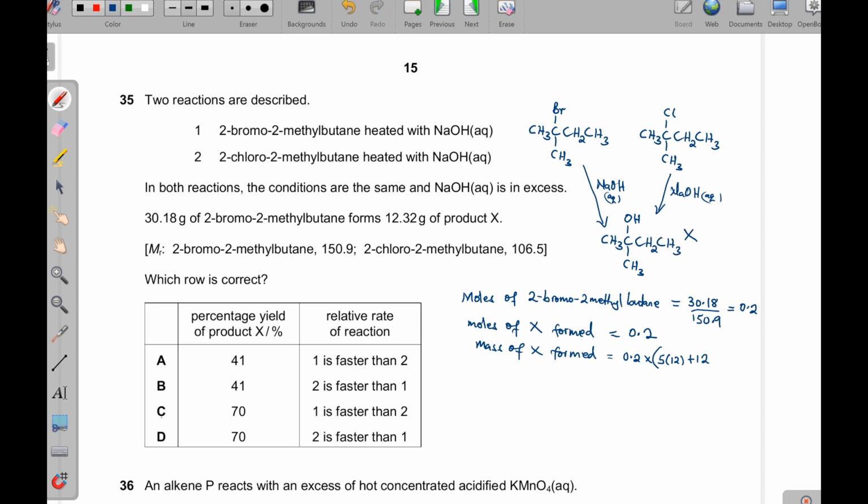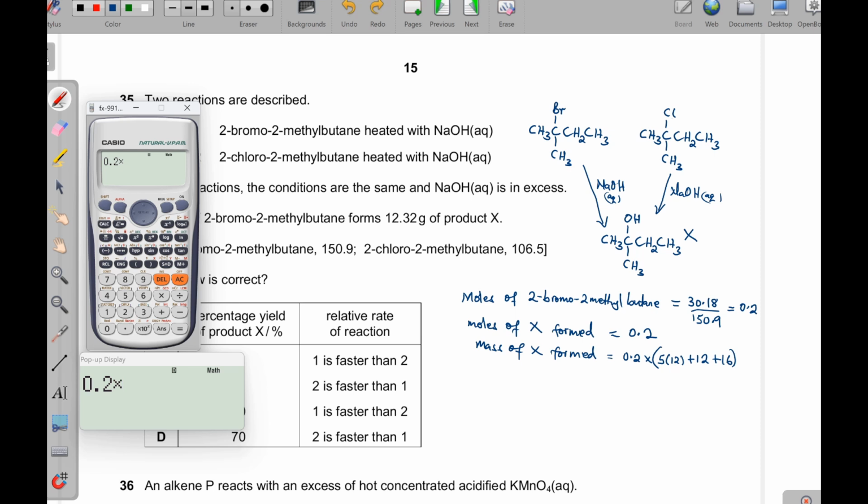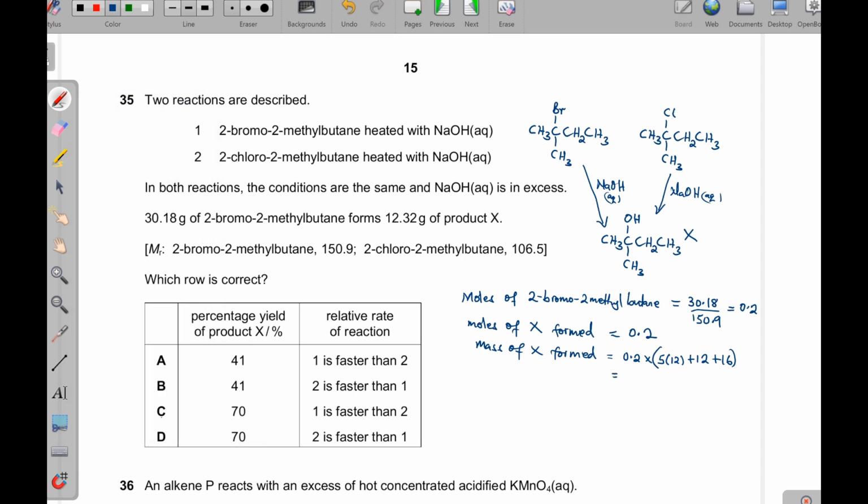So we shall have a 12 here, then plus 16 for oxygen. So this is 60, then plus the 28, that is 88. Then when we multiply by 0.2, what do we get? 0.2 times 88, that is 17.6. 17.6 what? Grams, okay?